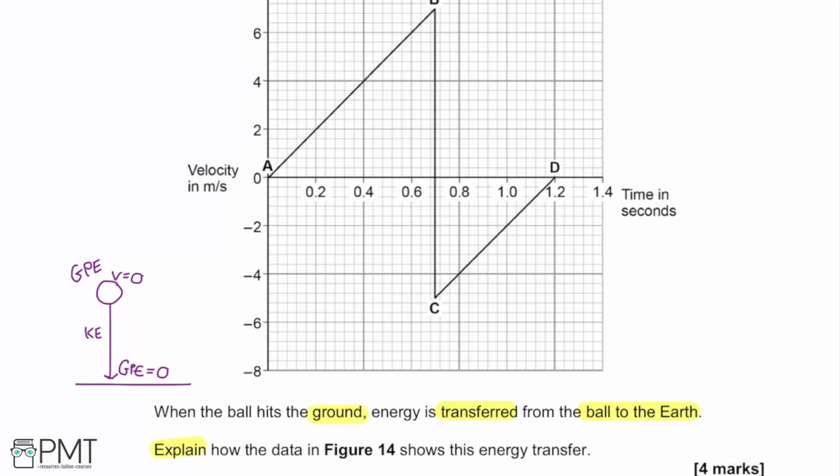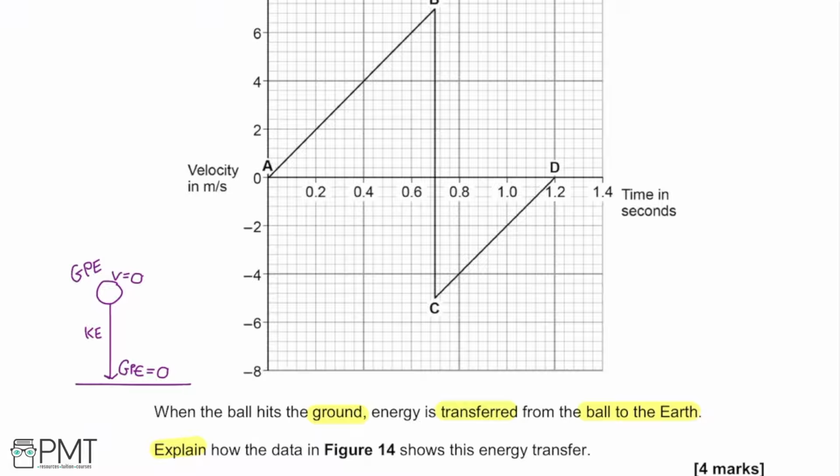So then the ball's going to bounce up. However, this time it's going to have less kinetic energy due to this loss in kinetic energy to the Earth. And that means that it's not going to have the same GPE when it reaches the highest point in its bounce.